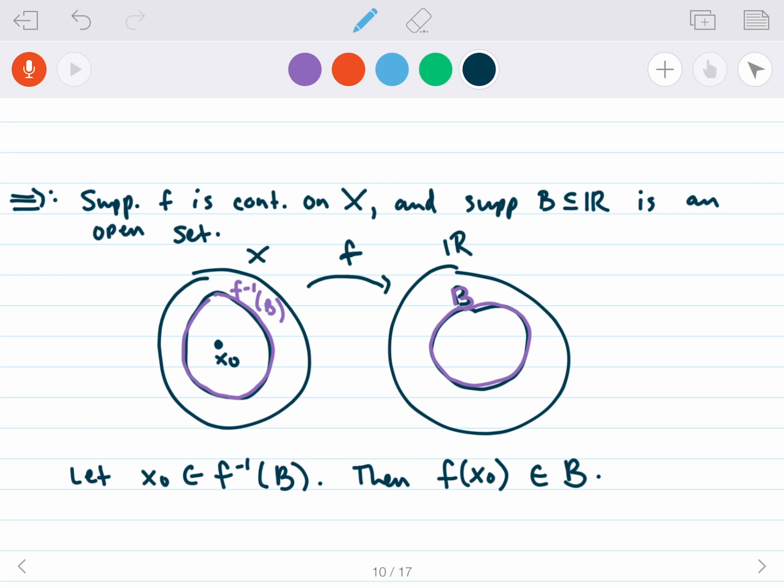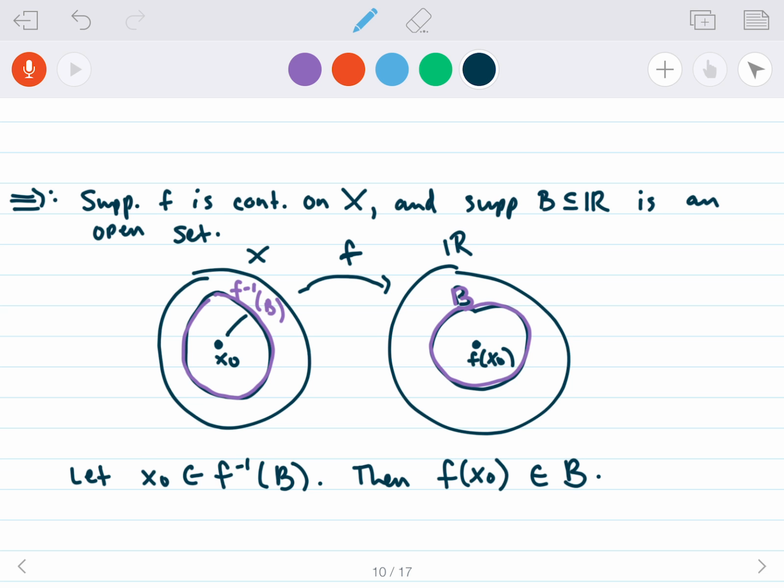Then when I push it through with f, that means that f of x naught is going to be in B. Okay, and so we want to use the fact that B is open and say some things about neighborhoods and use our continuity criteria to deduce something about the pre-image.